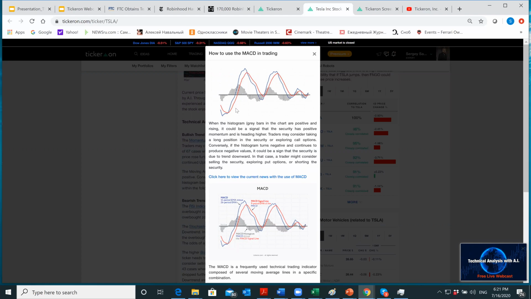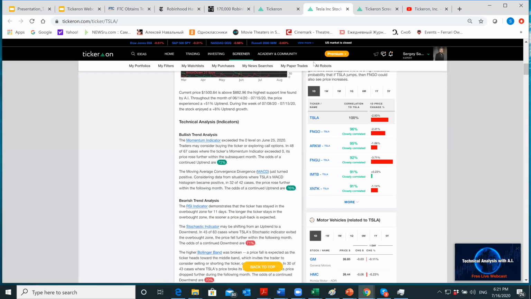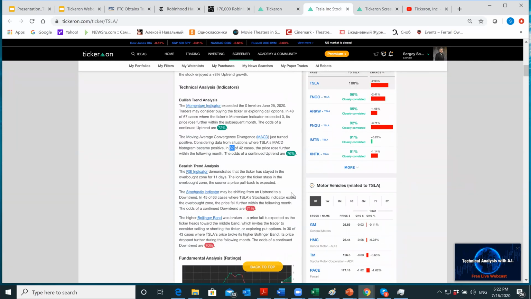Okay, we did not invent that, we don't claim that, but what we have, which nobody has, we say the following, that overnight we found 42 cases, and 32 cases out of 42 were confirming that Tesla is going to continue to move up. Okay, and that means 76%, it is pre-calculated odds of success. Okay, so if you show me another software which does that, you're going to surprise me.